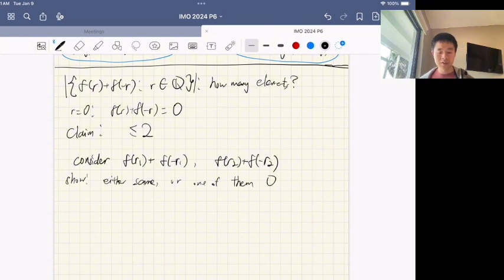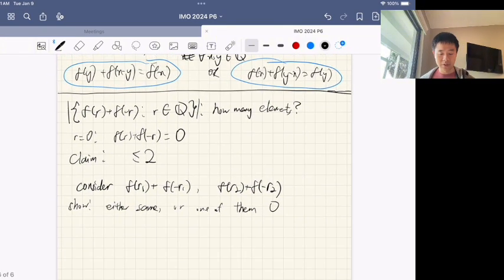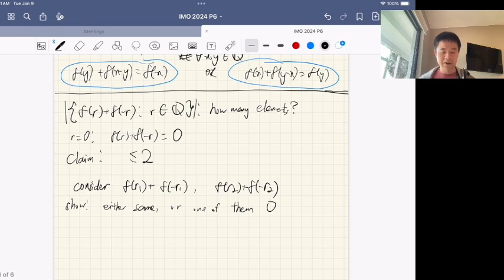Okay. Before that, we want to go back to this one. So we have this OR condition: f(y) plus f(x minus y) equals f(x), and f(x) plus f(y minus x) equals f(y). When does it become an AND condition, meaning both of them have to be true? So let's copy this whole thing.